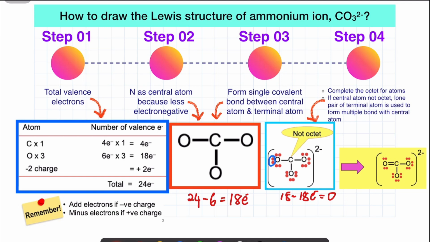You can see that a double bond is formed between this oxygen and carbon. Now the carbon is an octet because there are 2, 4, 6 and 8 electrons: 2 single bonds and 1 double bond. You can check your Lewis structure by calculating the total valence electrons: each atom has 8 electrons, times 3, so it is 24 electrons, the same as you calculated in step 1.